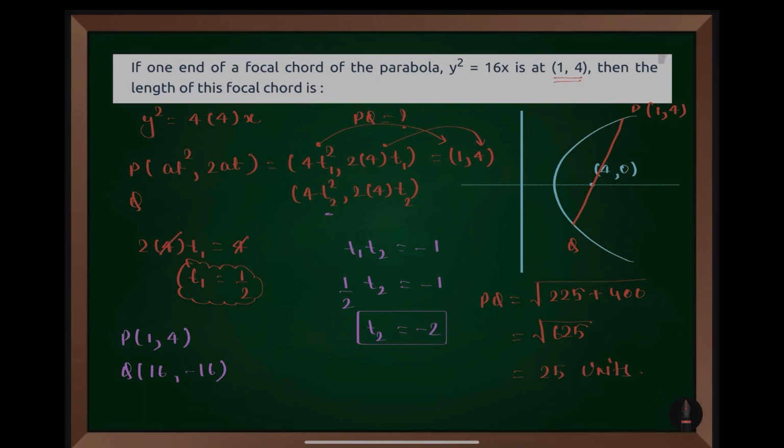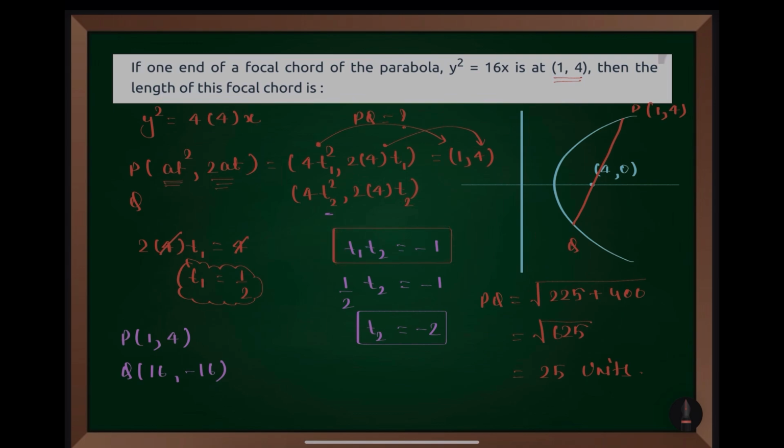I hope now you can solve this kind of questions, and also be very careful that you have to take at square and 2at. You cannot go with a direct t square, because right now if you observe you don't have a problem with this a, but the result that you have derived, you have derived because of at square and 2at.